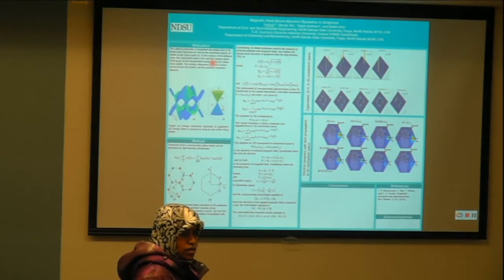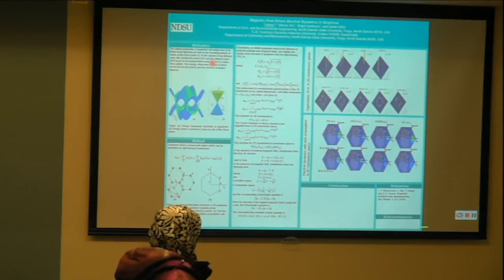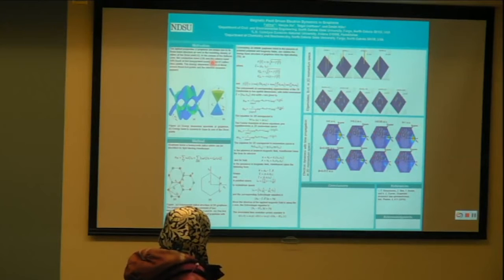Can you just explain generally how to interpret these figures and why they are needed? What do you see there? Here, this is one of the Dirac points.